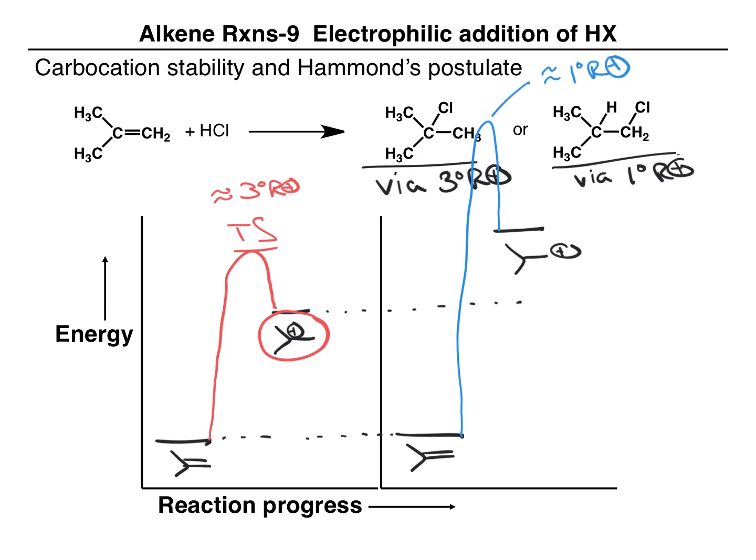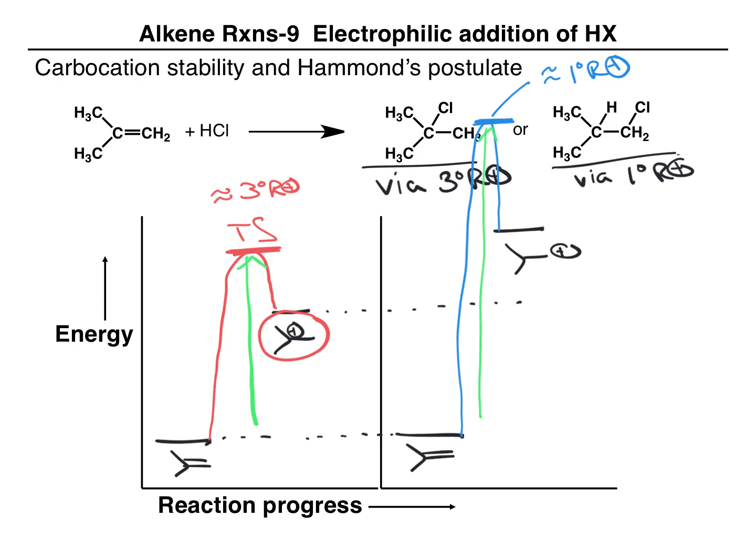So because of Hammond's postulate, we know that this transition state is going to be higher in energy than this transition state because we know that this intermediate is higher in energy than this intermediate. The rate of the reaction depends on the activation energy.